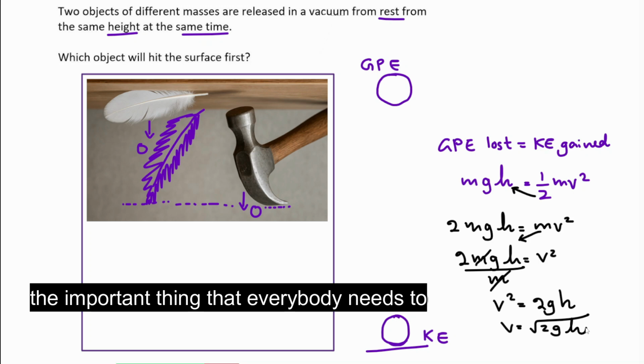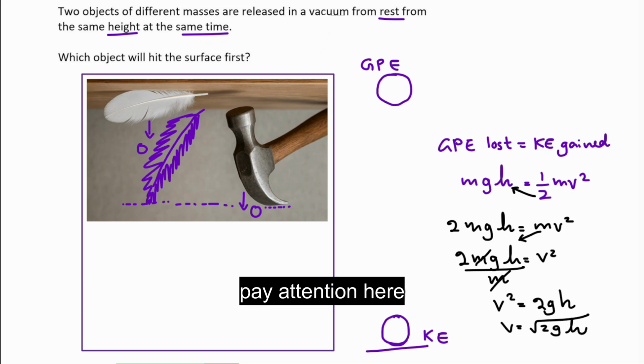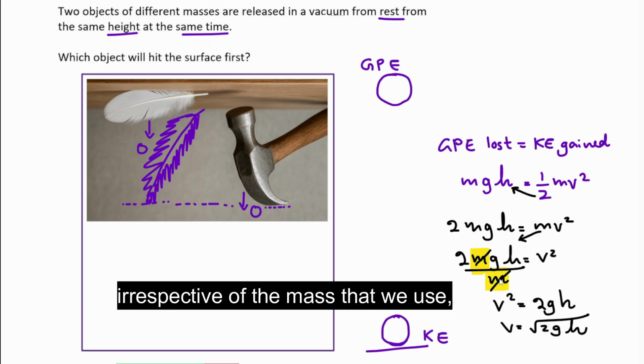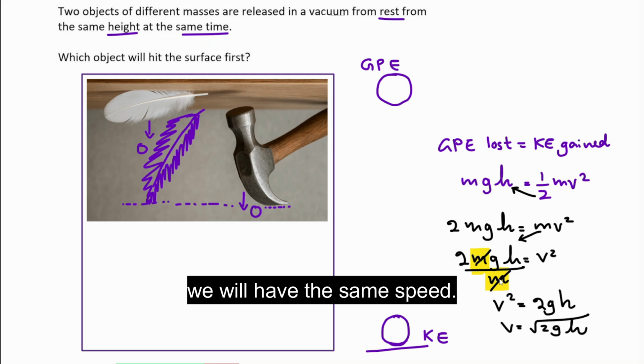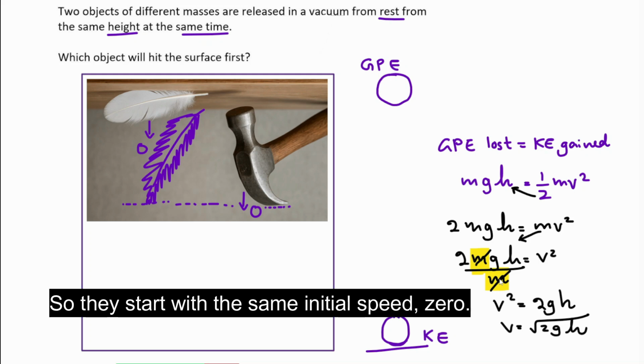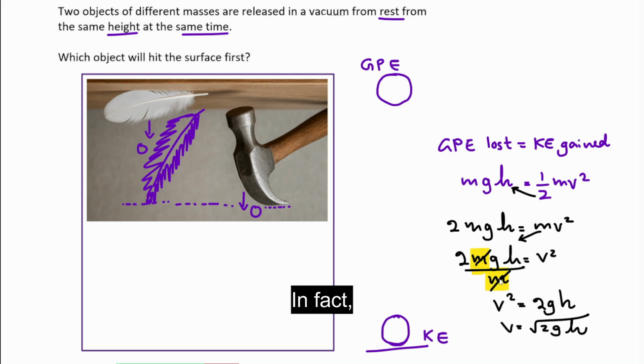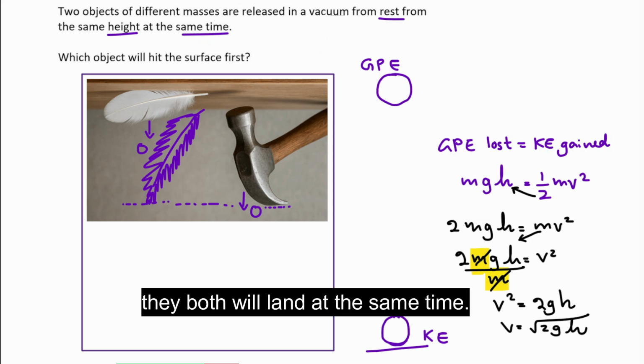Now the important thing that everybody needs to pay attention to is the fact that the mass gets cancelled out. So irrespective of the mass that we use, we will have the same speed. They start with the same initial speed 0. They both have the same final speed. In fact, they both will land at the same time.